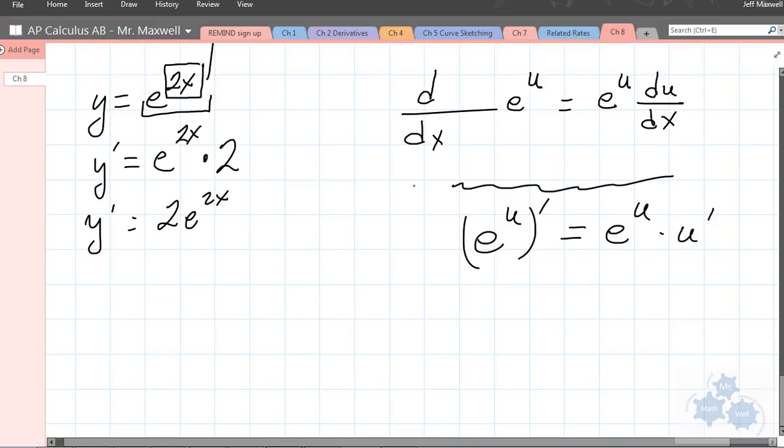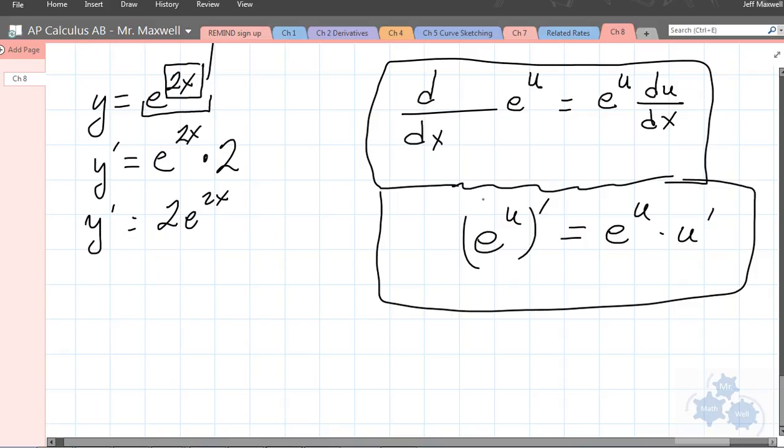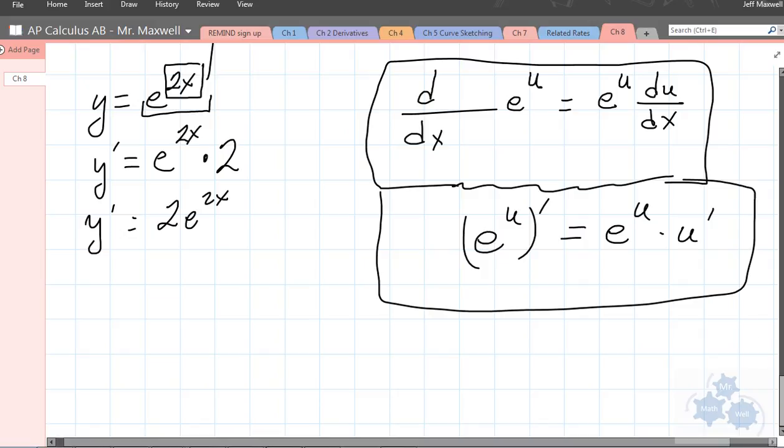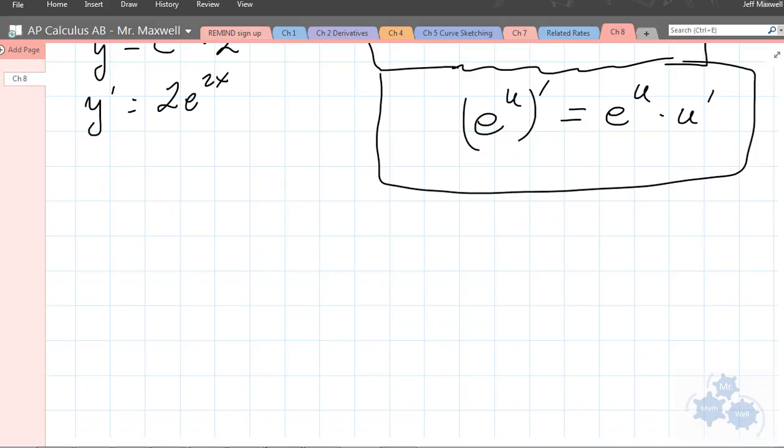Okay? Same food, different bowl. Right? Got it? Chain rule.